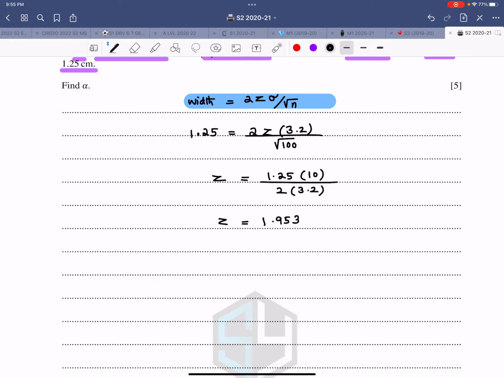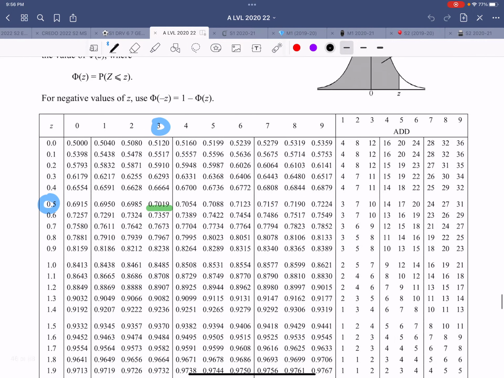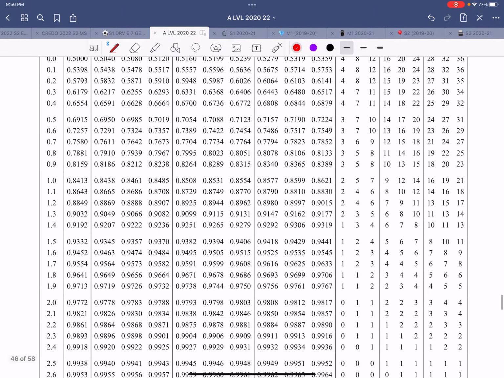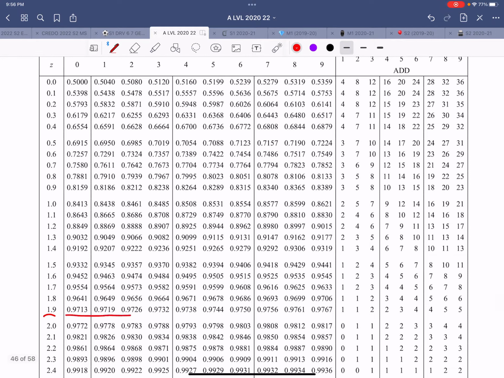Now don't jump into conclusion. Of course, you have to use the z table, that is for sure. So go to the z table, erase any marks before. 1.953. So this is 1.9, somewhere here is 1.9, and then 5, keep on going straight till you reach the 5 value, which is 9744, and then 3, that is 1, 2 and 3, so that is the value.